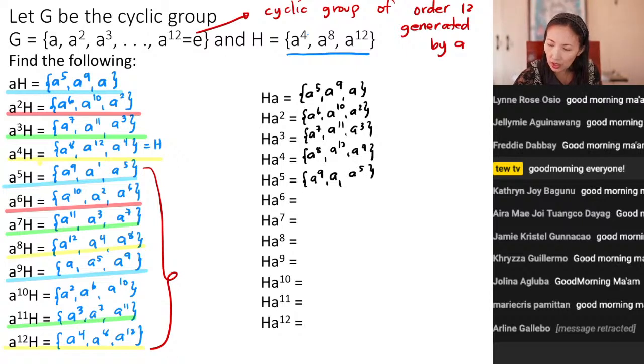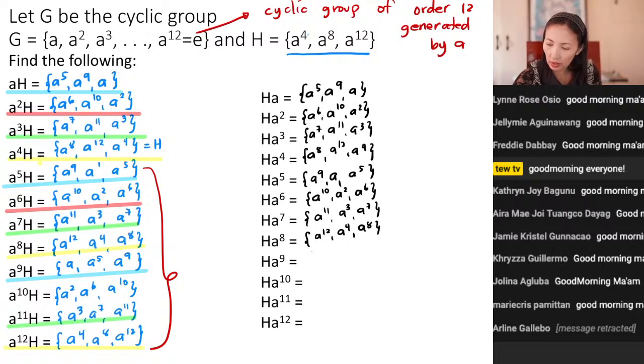Next, a to the 6 will be a to the 10, a squared, a to the 6. Next, a to the 7, a to the 11, a cubed, and then a to the 7. Okay, a to the 8 will be a to the 12, a to the 4th, and a to the 8.